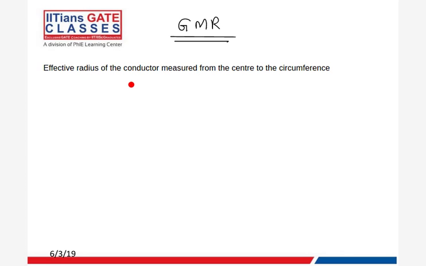Suppose we are having a conductor. So in a DC system or a proper system, GMR is actually equal to R, right?